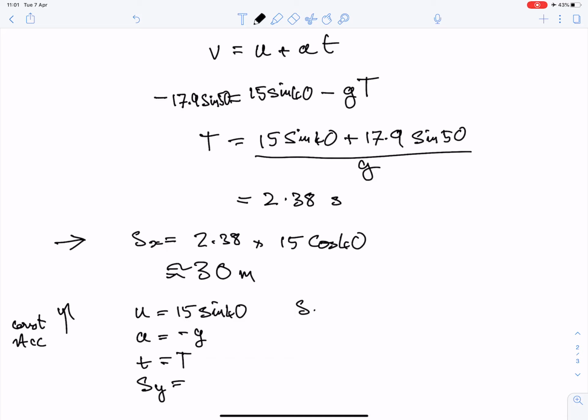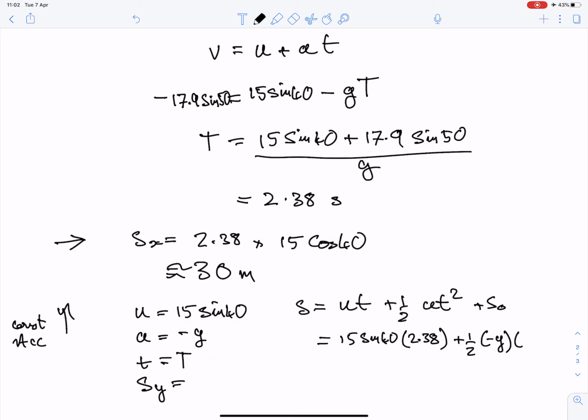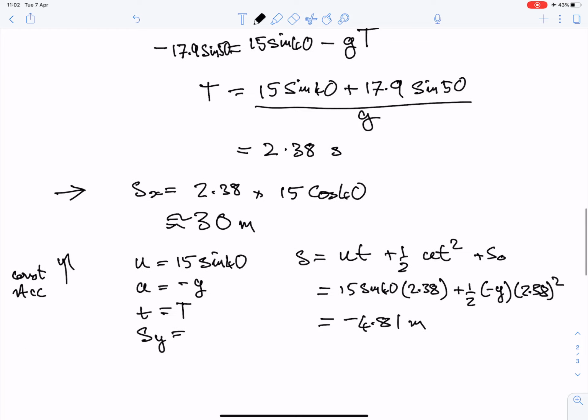So s equals ut plus a half at squared, plus s0, but we're starting at the origin, so we don't really need that. So we've now got 15 sine of 40 times the time, which is 2.38 from above, plus a half negative g times 2.38 squared. Tap it in the calculator, and that's minus 4.81 metres.